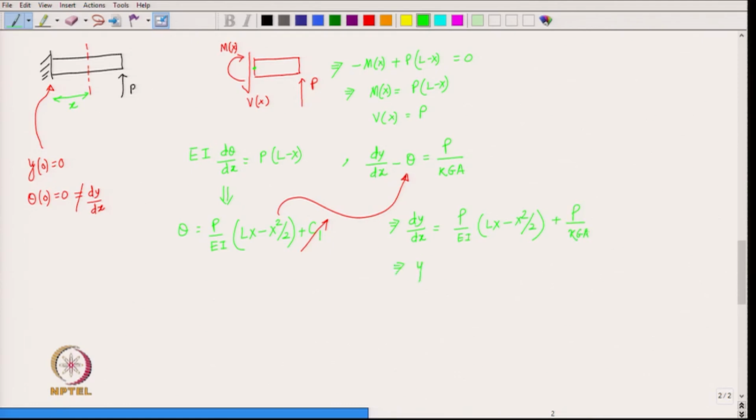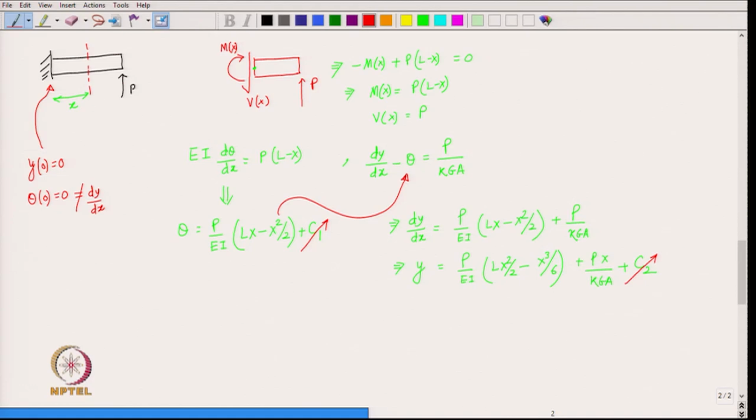So, this implies y, the deflection, is equal to P/EI into (Lx²/2 minus x³/6) plus Px/(kGA) plus the integrating constant C2. And again, because y(0) is equal to 0, that boundary condition simply tells us that C2 is also 0.